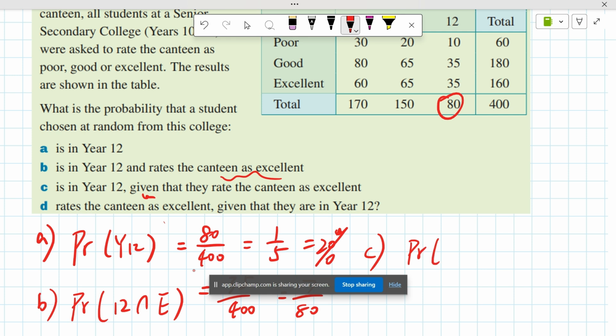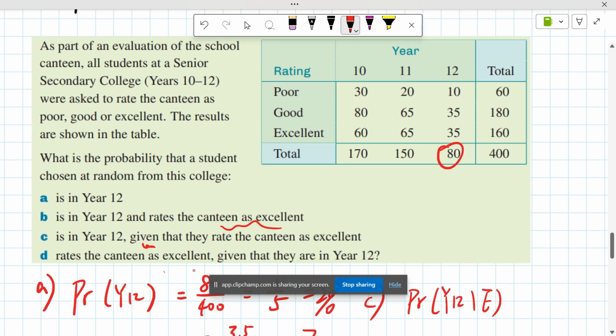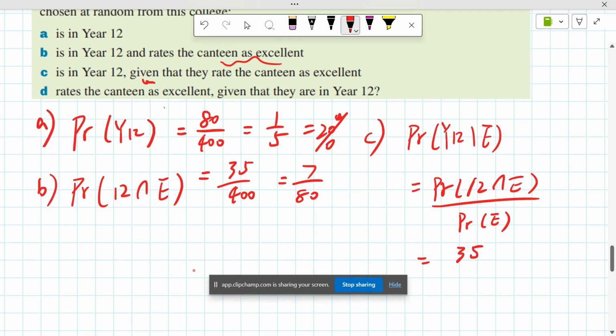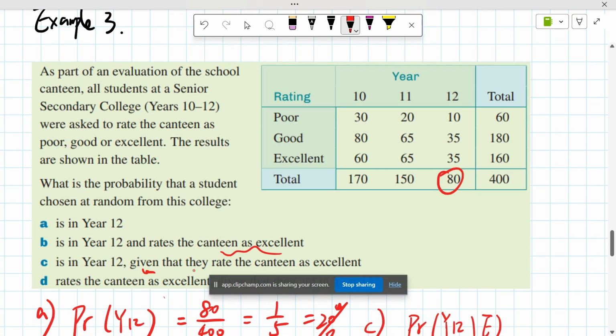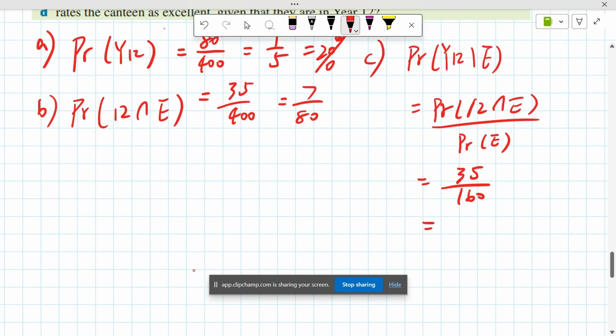So the probability of year 12 given excellent equals the probability of year 12 intersection excellent over the probability of excellent. The intersection is 35, over the probability of excellent, which is 160. That equals 7/32.